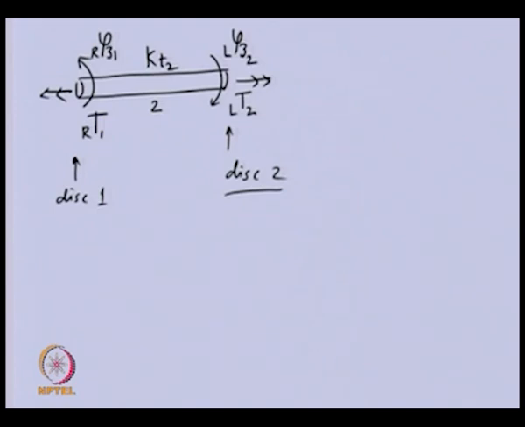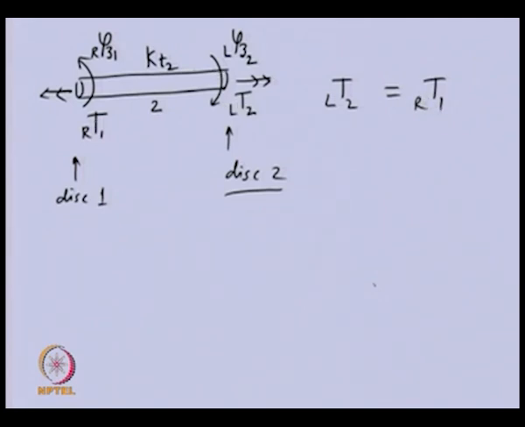So, let us use these relations. From the free body diagram of this, we can relate the torques: the torque left of 2 is equal to the torque right of 1, because there is no other torque acting on the shaft. So, these two torques should be equal in magnitude.